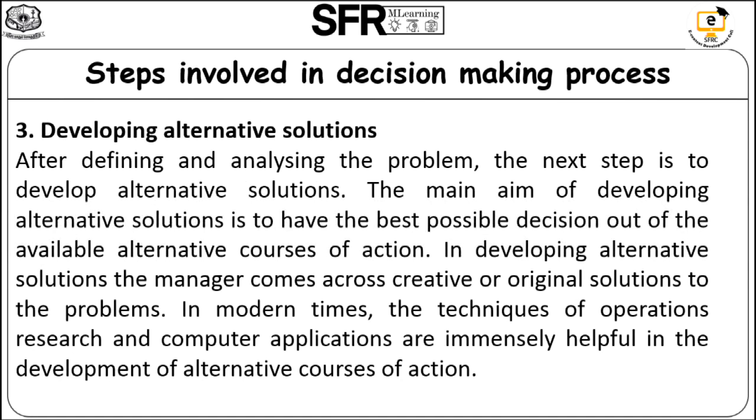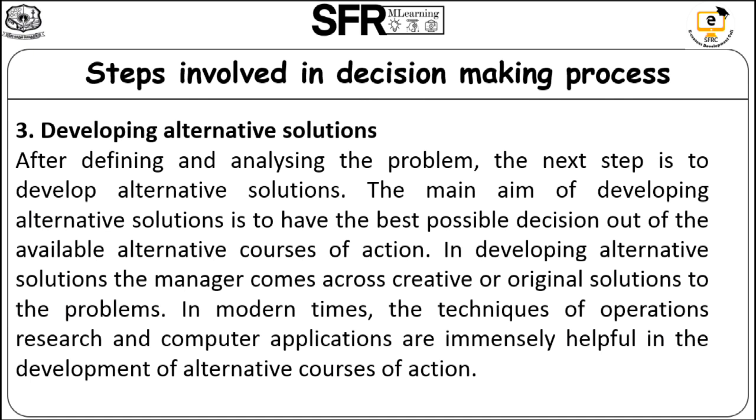Then third step is developing alternative solutions. After defining and analyzing the problem, the next step is to develop alternative solutions. The main aim of developing alternative solutions is to have the best possible decision out of the available alternative courses of action.